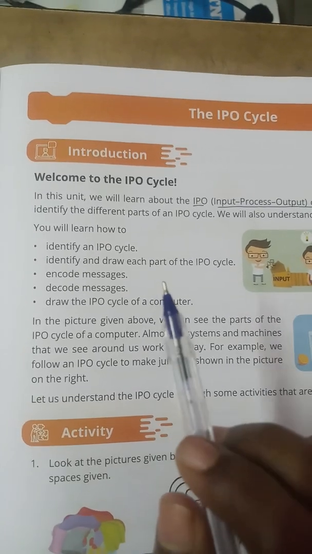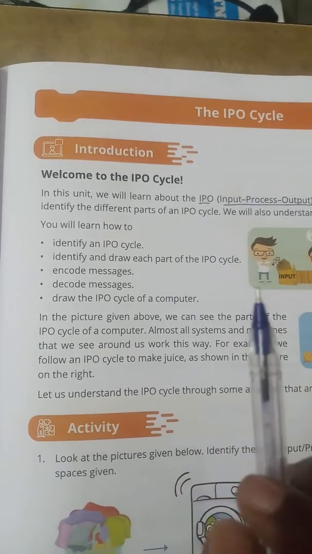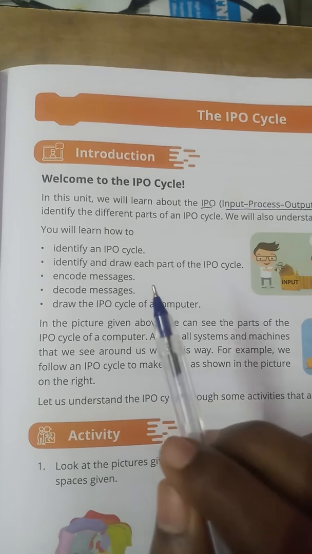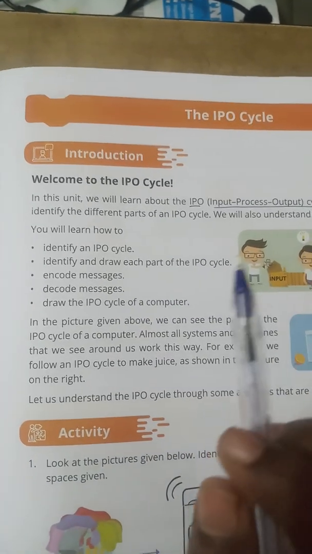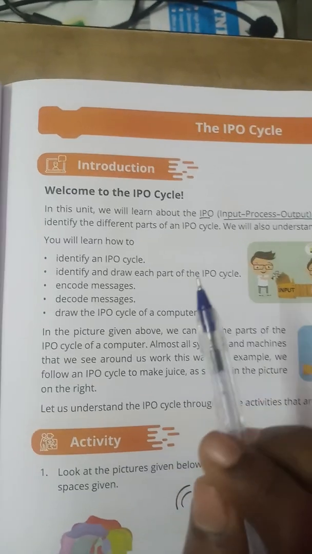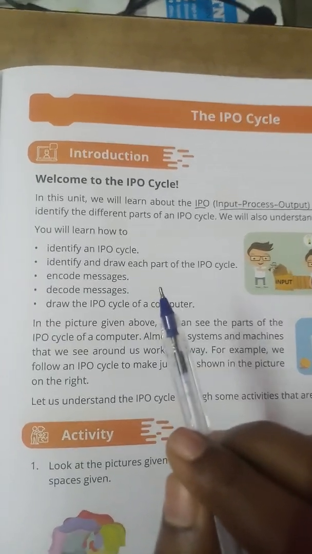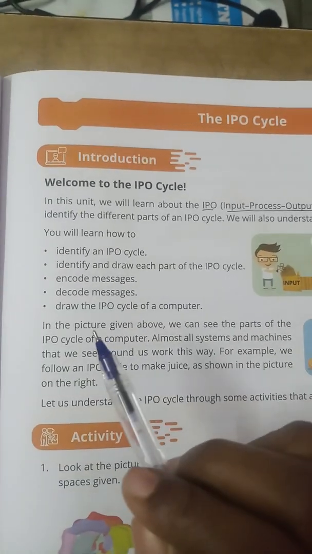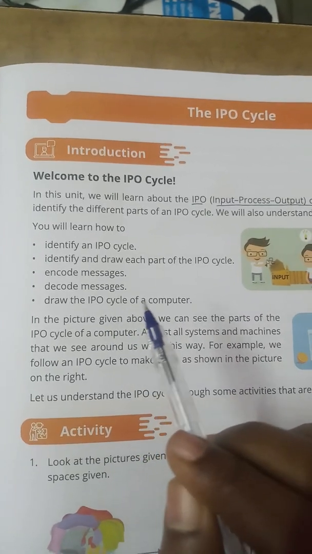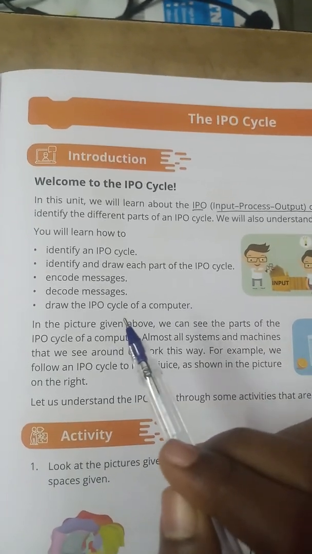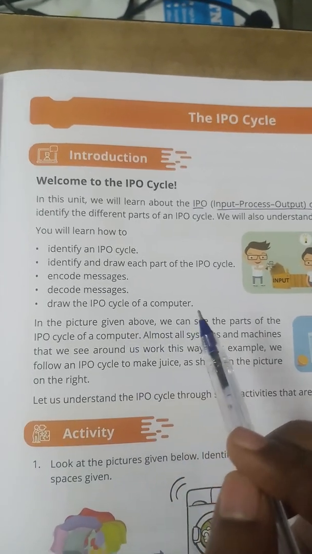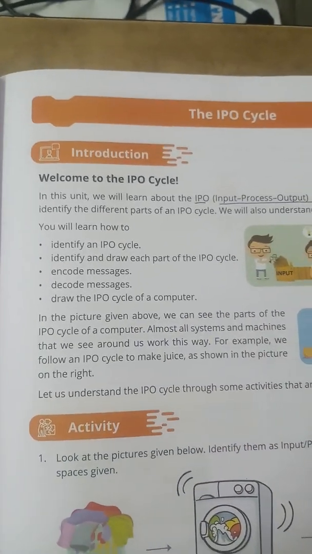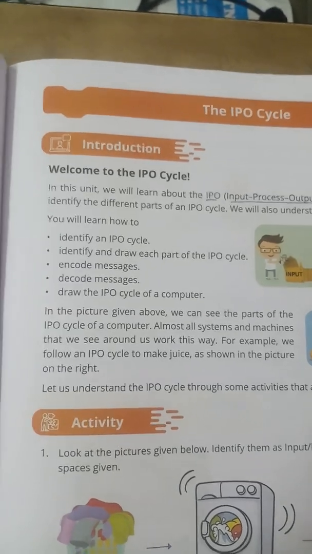IOP means input, process, output cycle. And then identify and draw each part of the IOP cycle. And then you are encoding messages and then decoding messages. At last, you draw the IOP cycle of a computer.